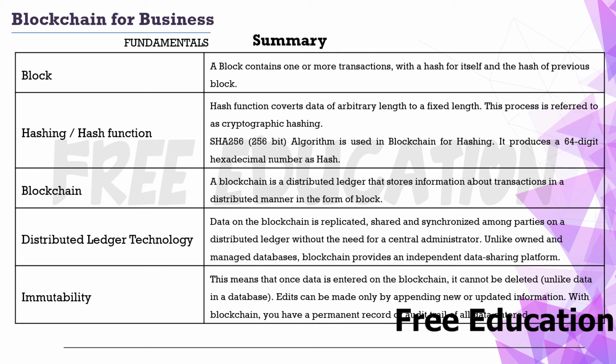Immutability. This means that once data is entered on the blockchain, it cannot be deleted. Edits can be made only by appending new or updated information. With blockchain, you have a permanent record or audit trail of all data entered. Imagine you use blockchain for managing your supply chain, and you happen to enter a supplier's information where you got the name wrong.